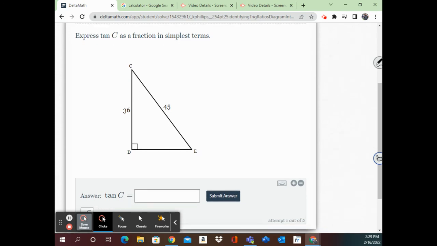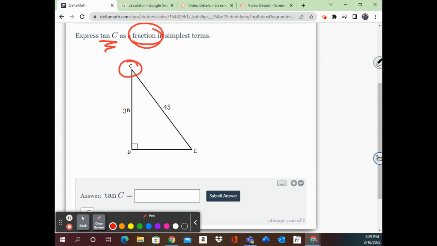And so express tan C as a fraction, right? And so again, tan C, but they said they want it as a fraction. So we're paying attention to the angle C. Tan is opposite over adjacent. So again, C is opposite. This is adjacent. So we do need to do the Pythagorean theorem.